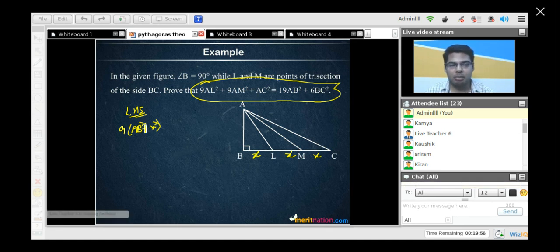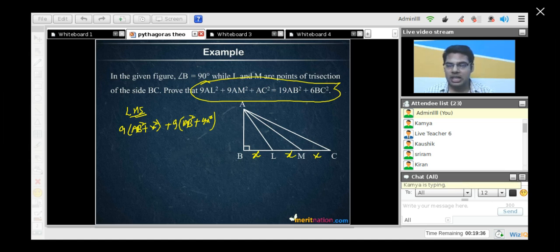So here we will have AB square plus X square. What is 9AM square? Yes, Sairam, absolutely correct. What is 9AM square? It is nothing but equal to AB square plus twice of X square. Yes, friends? That is 4X square. Is it fine? Anyone having any doubt, please ask.